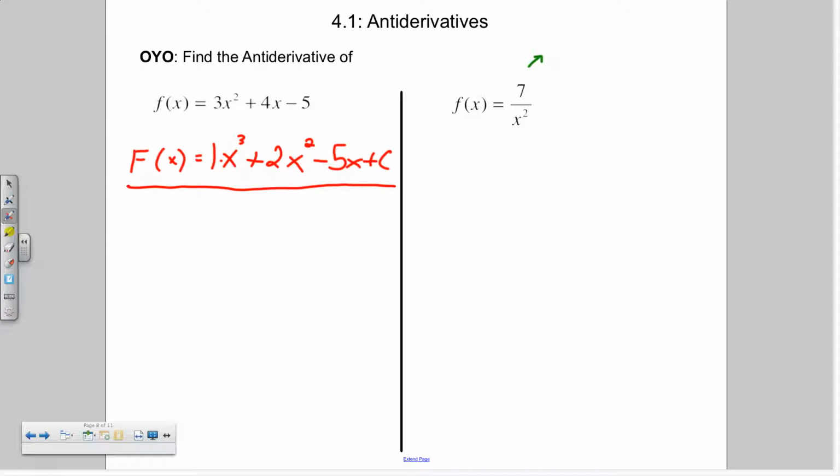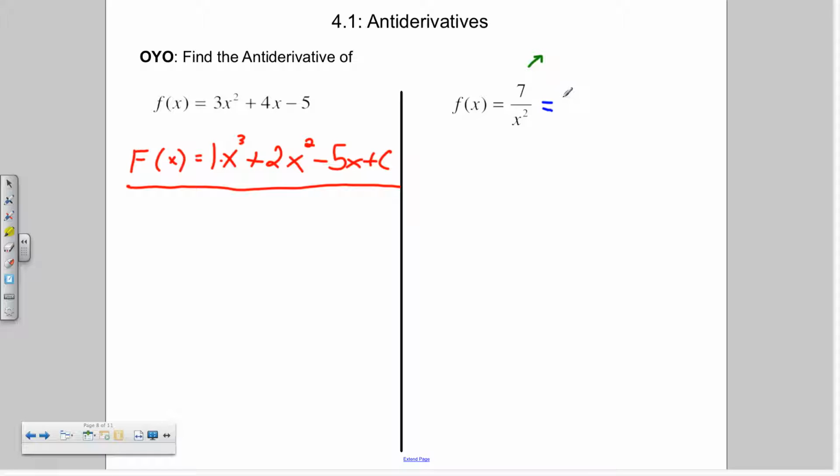All right, antiderivative. Now, for this function right here, what we are going to need to do is rewrite this first. So instead of 7 over x squared, and by the way, you can't just antiderive it like this looks. It's not going to be 7 over 1/3 x cubed. It didn't work for derivatives. It's not going to work for antiderivatives.